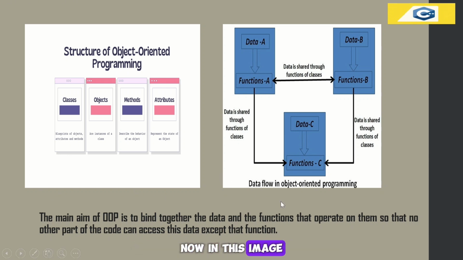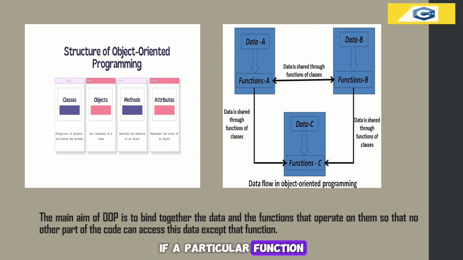Now in this image, you can see the main aim of OOP is to bind the data and function together. By binding the data and function together, we are keeping the data in the original format. If a second function wants to access this data, it has to be through that particular function of the class.